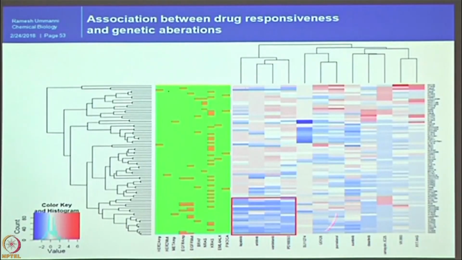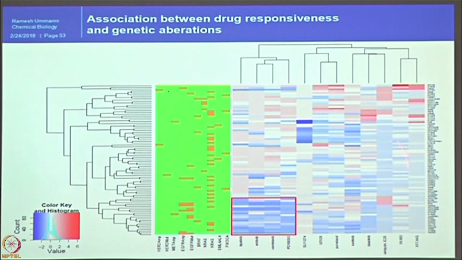You can see a nice cluster here. All these cell lines having aberrations for EGFR amplification and EGFR mutations are responding to the EGFR targeting drugs. That means this is already established data we can observe. Whatever data we generated here is new, so this is a kind of case control for us.